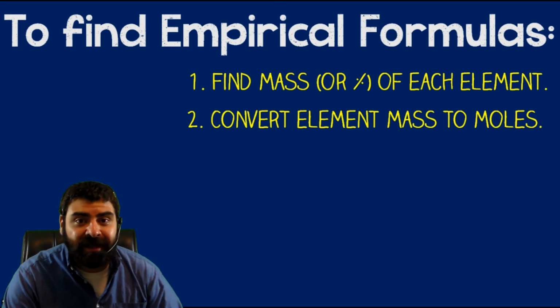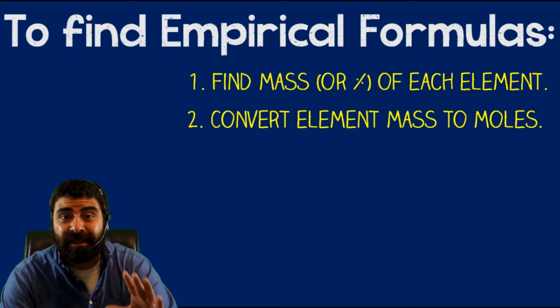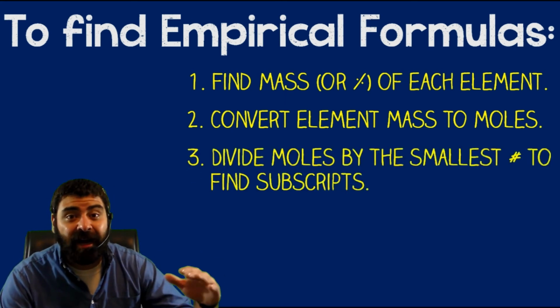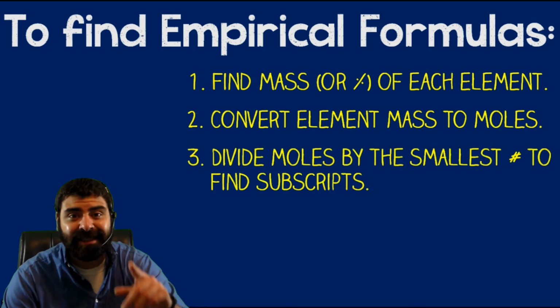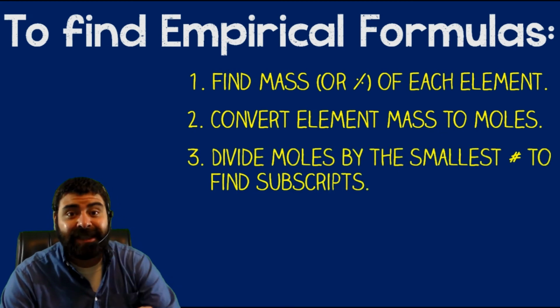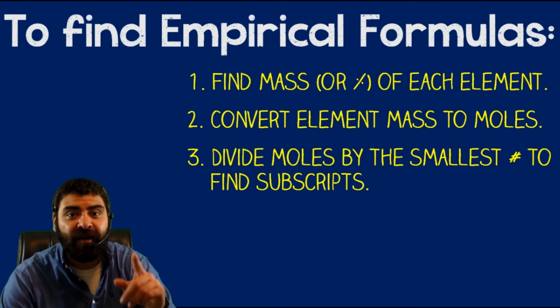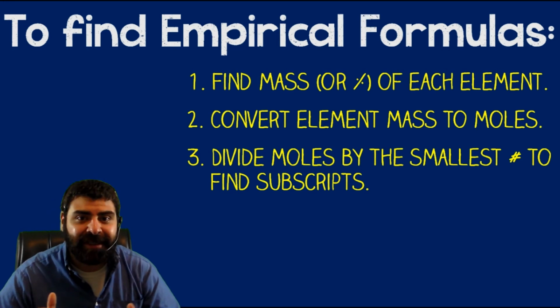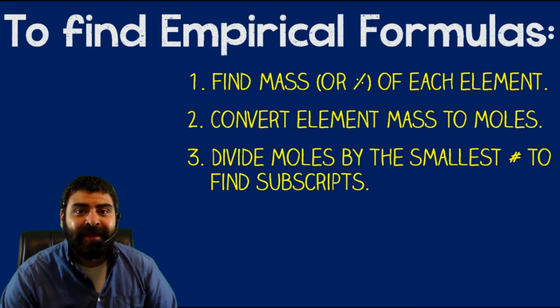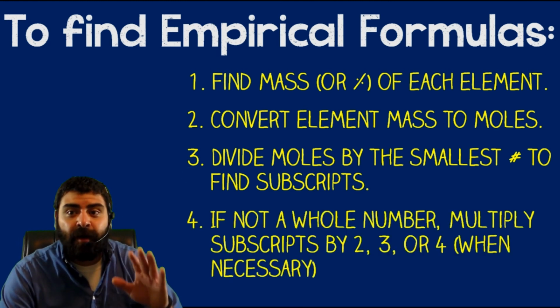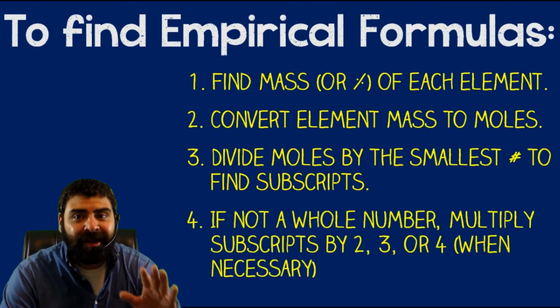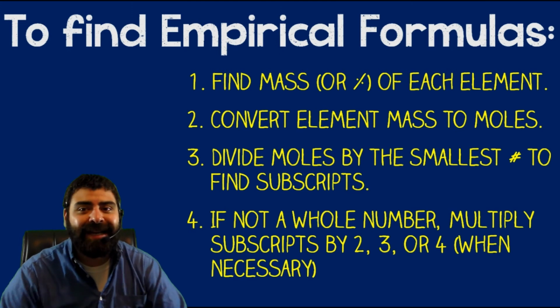Once you have moles, you look at your numbers, find the smallest one, and divide all those moles by that smallest number. This will tell you the subscripts for each individual element. And finally, you may have to multiply your subscripts by 2, 3, or 4 when necessary.